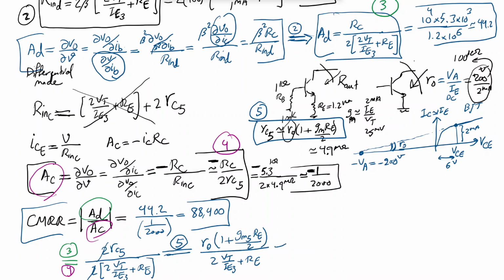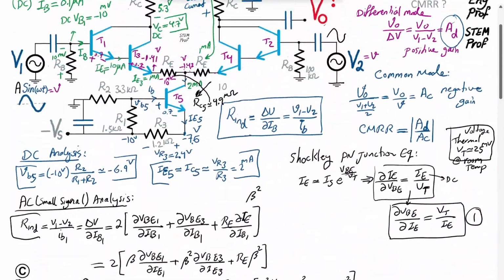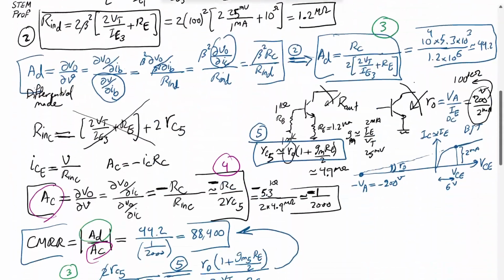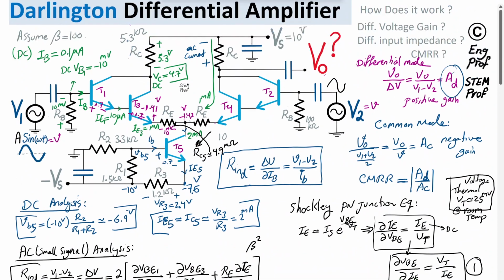And this is effectively the same thing as we computed here by substituting values for CMRR, or common mode rejection ratio, of this differential amplifier. Okay, this has been extensive analysis. I hope that this example is helpful in terms of showing how we can deal with this kind of design problem. Thanks for watching.